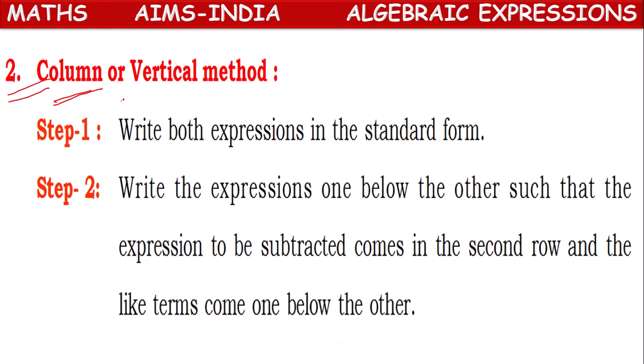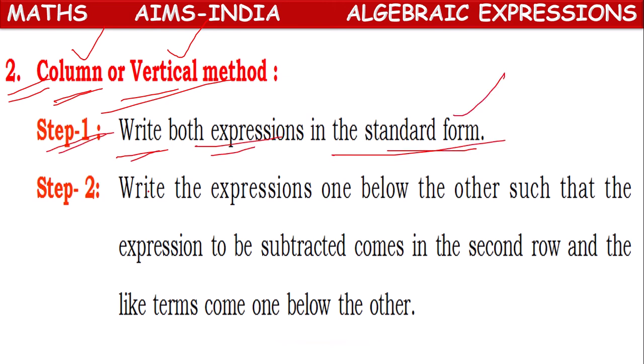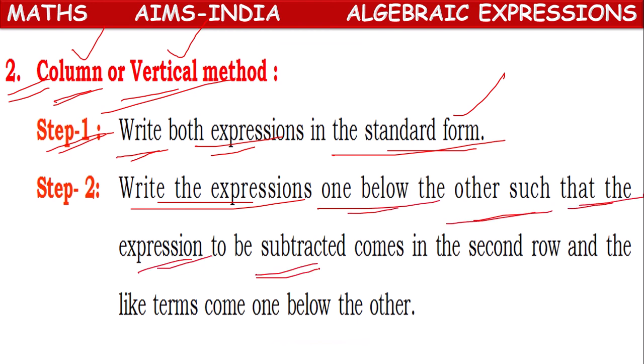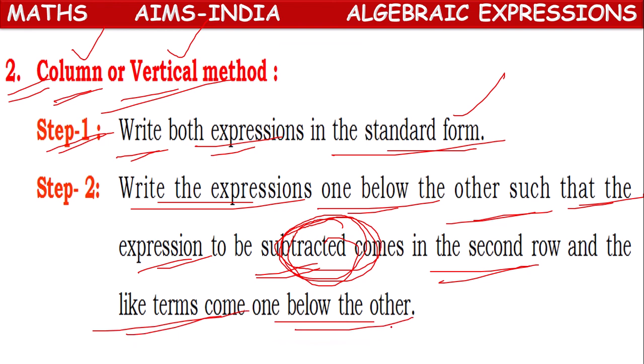Next, children, we have another method of subtraction which is called the column method or vertical method. So first, in step 1, both expressions to be written in standard form, and they should be written one below the other, such that the expression which is to be subtracted should come in the second row, and like terms one below the other.